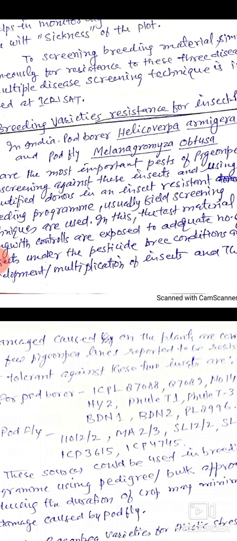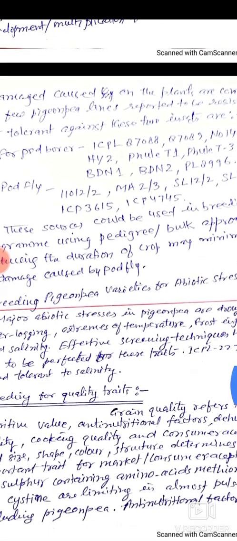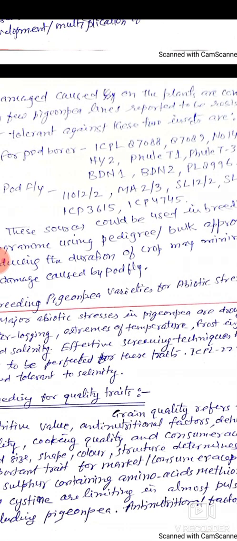A few pigeonpea lines reported to be resistant against these two insects are, for pod borer: ICPL 87088, ICPL 87089, number 148, HY2, Fule T1, Fule T3, BDN1, BDN2, PL 8996.